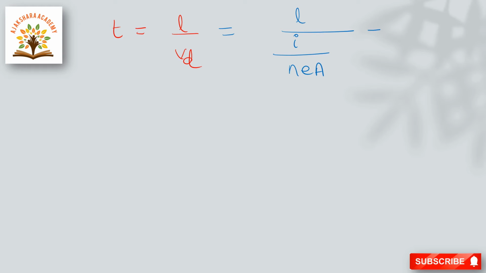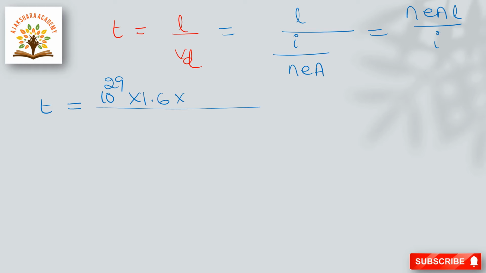So this can be written as nEAL by I. Now t is equal to, substituting values, n is 10 to the power of 29, and e, charge of electron, 1.6 into 10 to the power of minus 19, into 10 to the power of minus 6, into L they given as 4, by I, 2. So 2 ones are 2, 2 twos are 4.